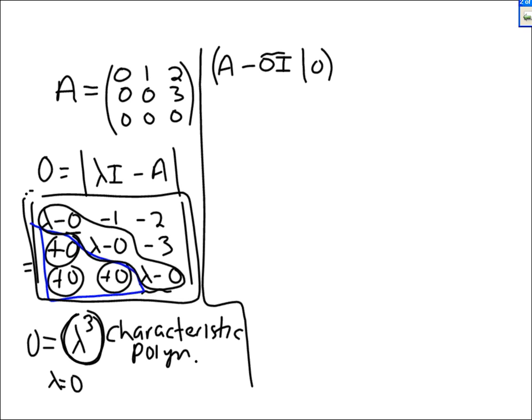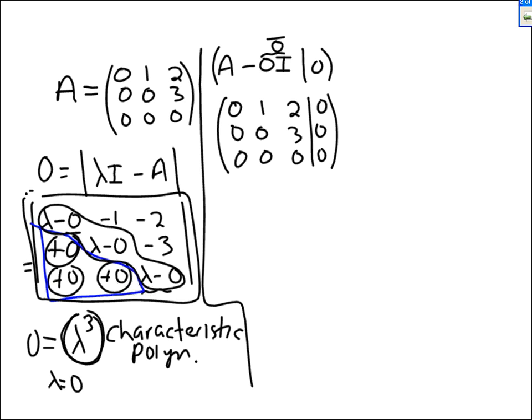But 0 times any matrix, including the identity matrix, is the 0 matrix. A minus the 0 matrix is just A. That is, we just have this matrix, A minus 0I, and I augment it with 0.